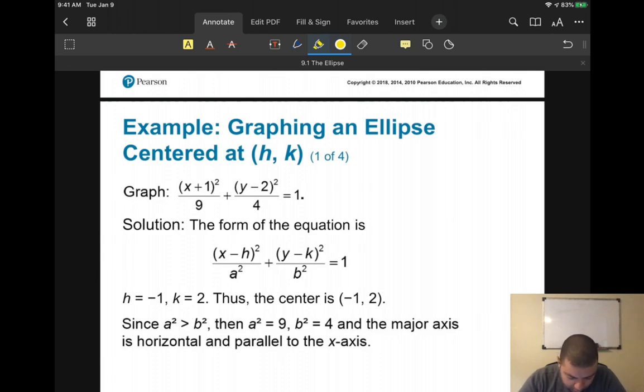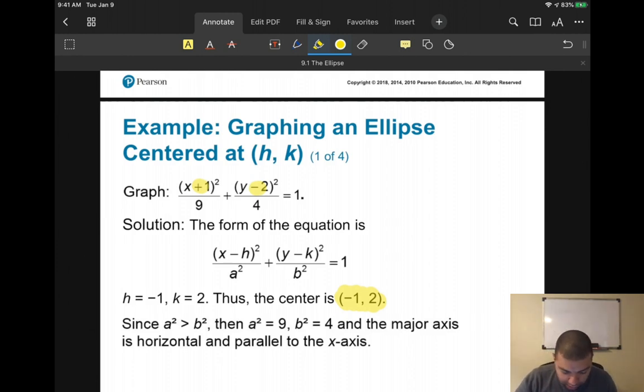Here is the center change, right? So they say it there, so the center will be -1, 2. Remember that when you have minus h, minus k, you gotta change the sign of that thing to find the center. So what you do is you start from that point, and you go however many units A and B tell you to go.